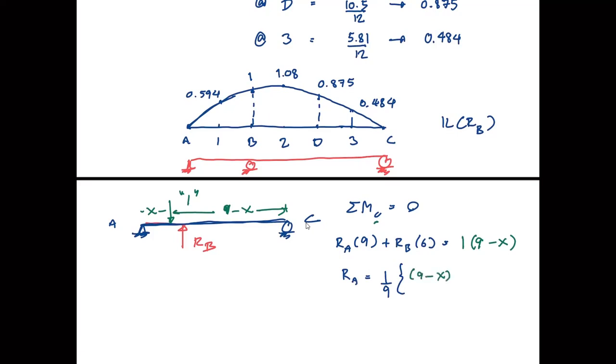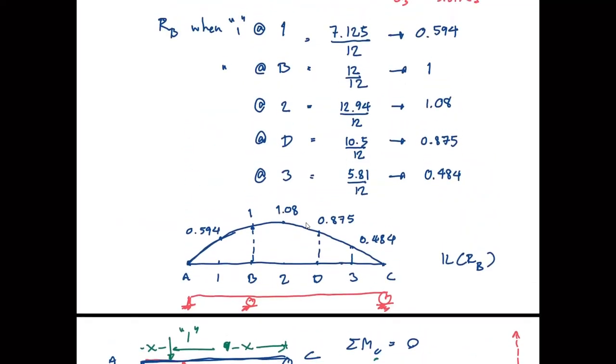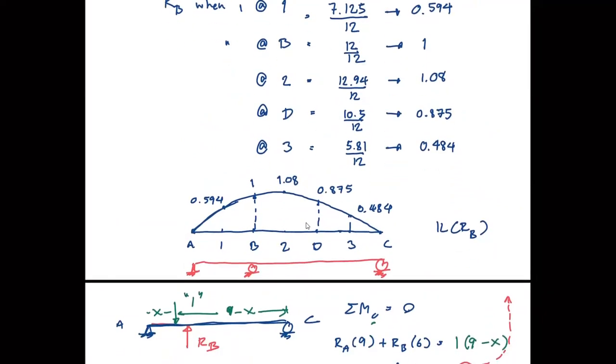I'm just leaving the one out because that's kind of absurd, but I use green to let you know that this is from the external unit load, minus RB multiplied by 6. Now RB is from this information, right? Now you have RB.